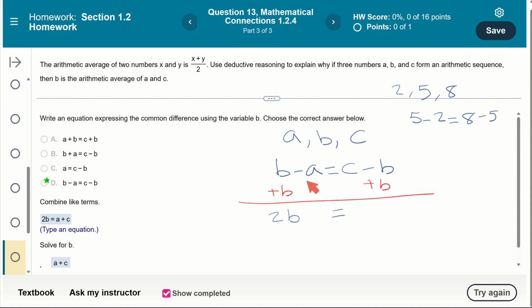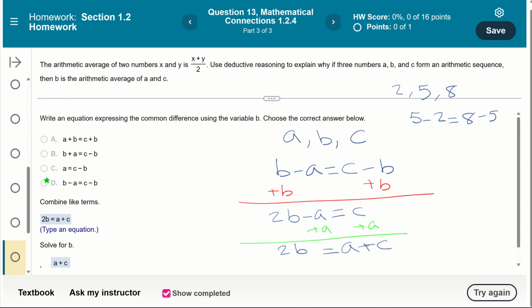2b minus a, pardon. Let's not forget the minus a. Is equal to c, because the b's cancel out here. Here we get 2b and we already had the minus a. So remember, we want to move the a to the other side, so we're just going to add a to both sides now. And we end up with, now the a is canceling out, so we get 2b is equal to c plus a, or a plus c, the same thing.